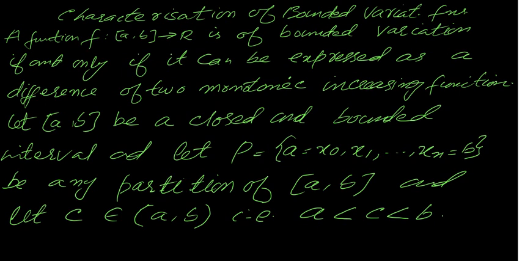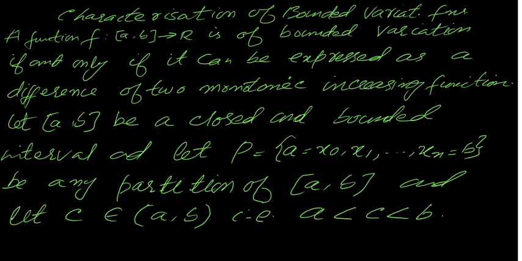Then this point c lies in one of the subintervals, obviously, because this partition divides the closed interval [a, b] into n subintervals, and c belongs to one of those n subintervals.